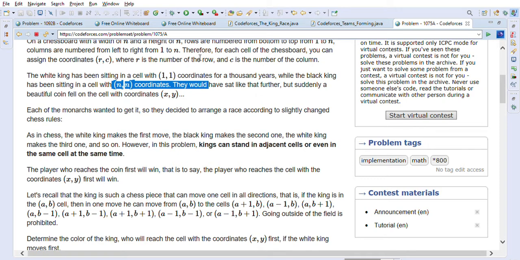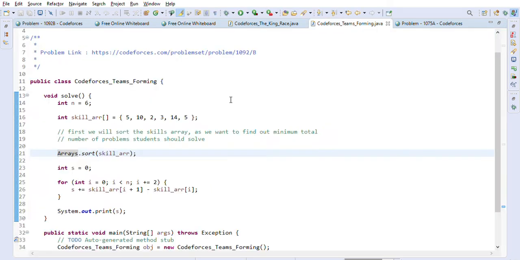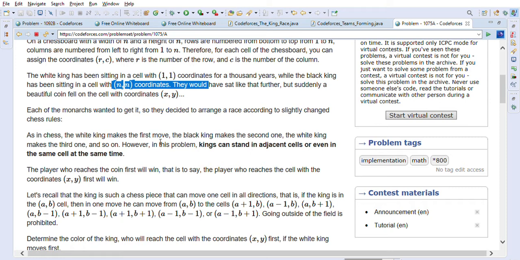So what they are trying to say is basically we have an n by n grid here, right? So this is our n by n grid, so this is a 5 by 5 grid, right? So the white king is sitting at 1 1 and the black king is sitting at 5 5, right? And the coin is falling in a certain cell, for example here 3 comma 2, right? The coin is falling here. So let's look further into the problem.